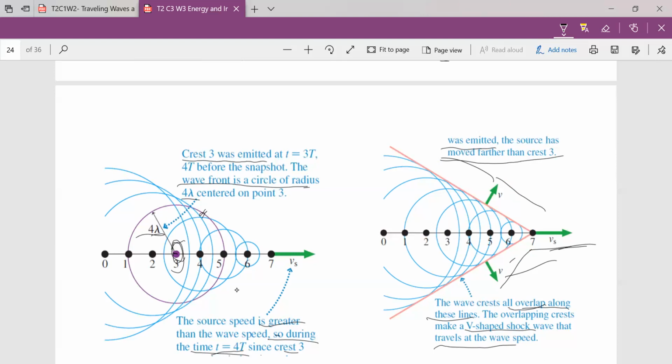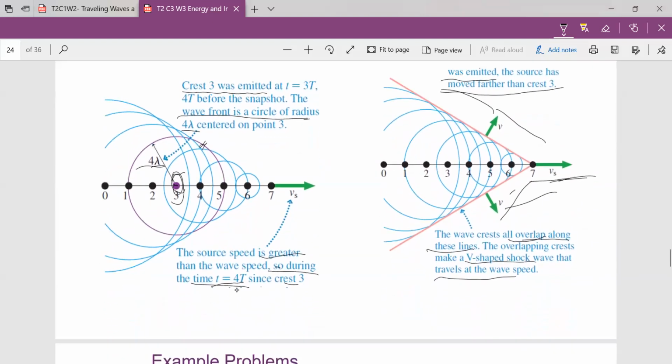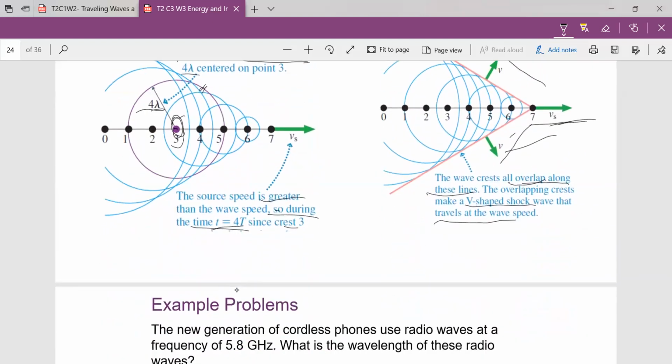This happens so fast that the motion is what gives that V shape behind the speedboat. So that's the idea of what we mean by shock wave, the kind of wave that is produced when the source is traveling faster than the wave produced.